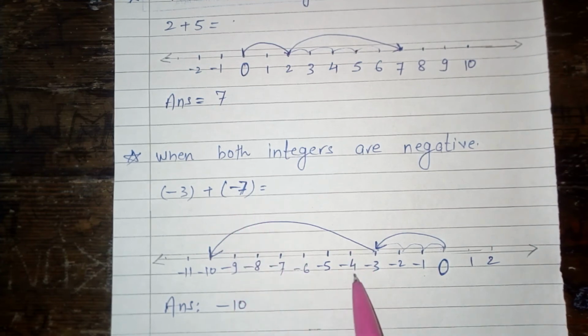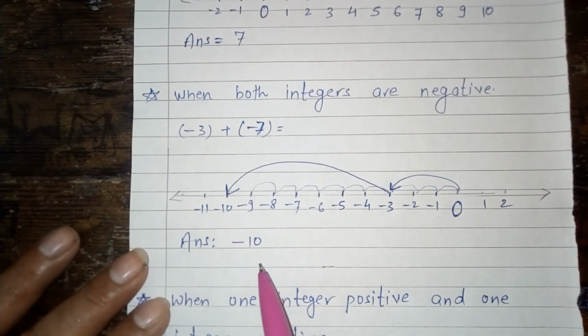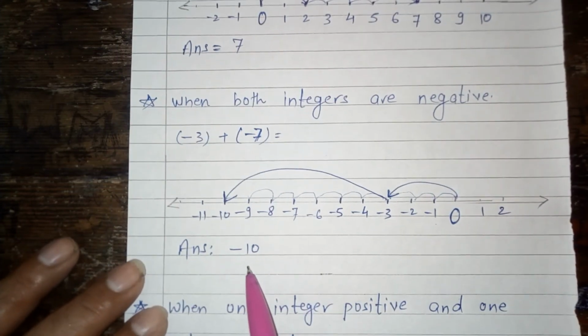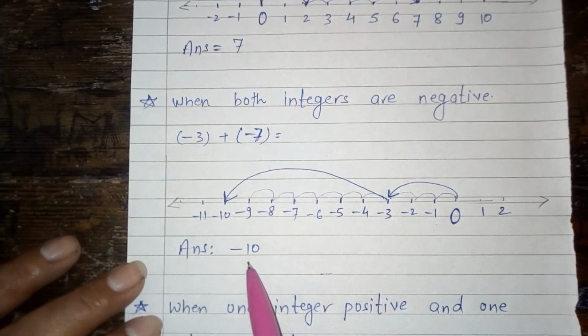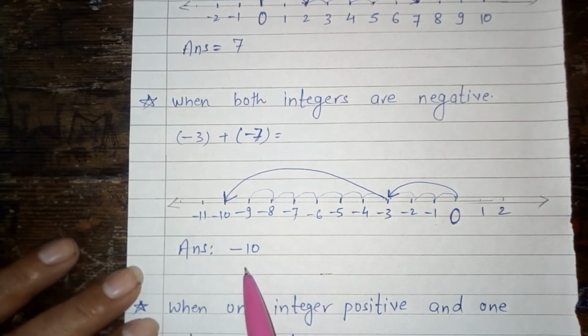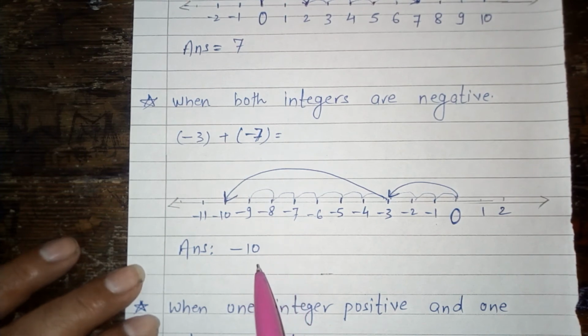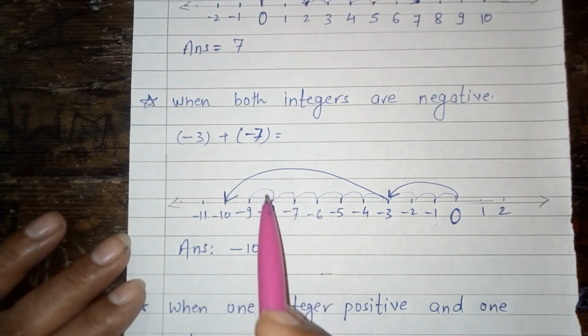Now look here, 1, 2, 3, 4, 5, 6, 7. After 7 steps you will get minus 10. So the answer is minus 10. Okay. As you know very well, addition of positive integers is always positive and addition of negative integers is always negative.